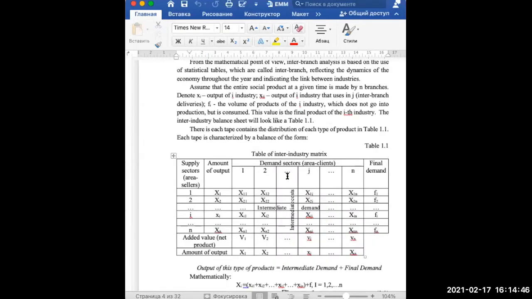So the main goal is to understand how many products each branch of economy must produce to provide all demand on these products from not only final consumers, but also from other branches.